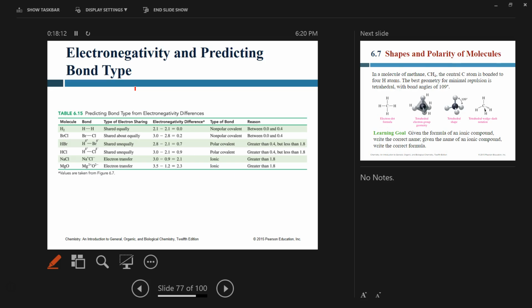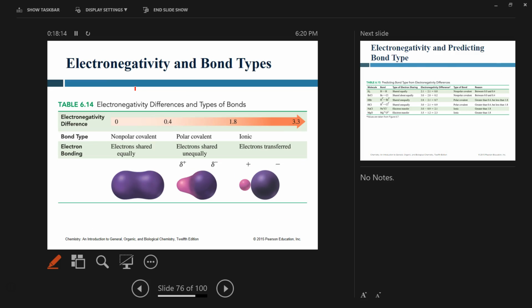Where is electronegativity? Yeah, so here, there is no change in electron distribution. These molecules are by definition nonpolar. H2, O2, Cl2, they're all nonpolar. Do I make sense here?